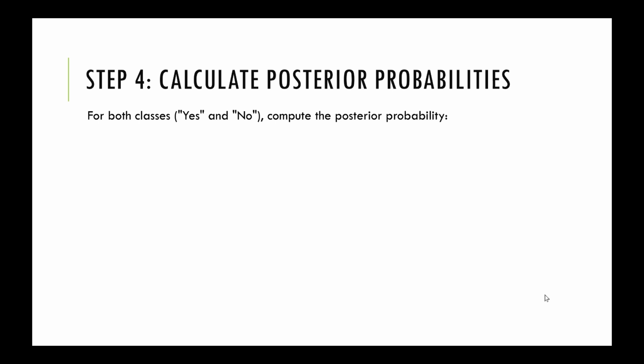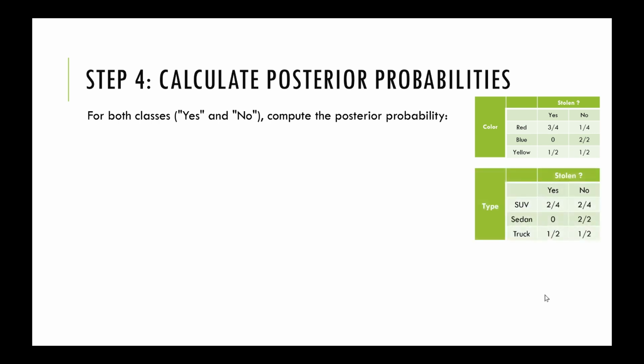So we have to consider red, SUV, and urban. Based on that, we take the values from the likelihood table for the color, type, and region. Clear?